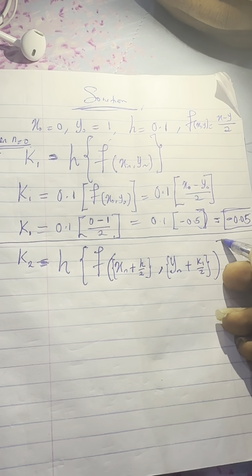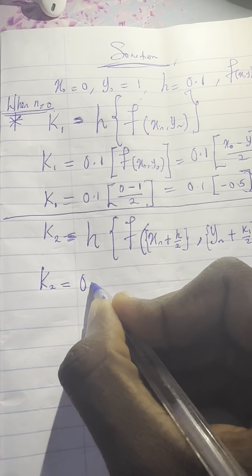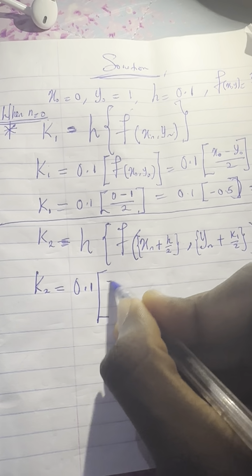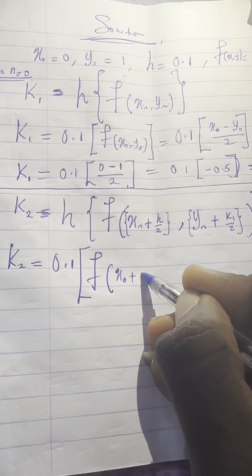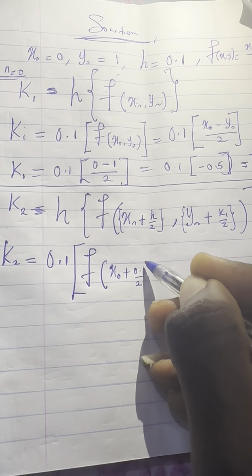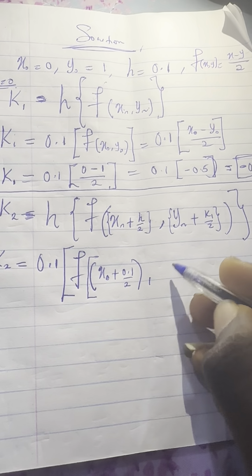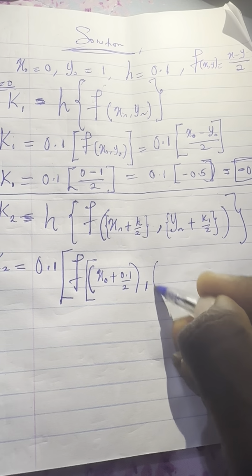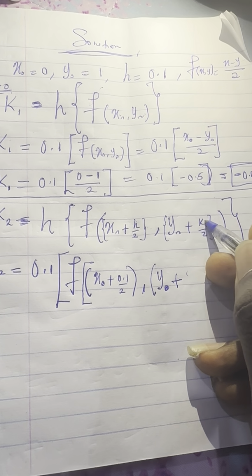So if I want to substitute now, what would that be? My K2 now will be, because my step length is already 0.1, f of, remember I'm still under when n is 0 for this, so I should have x naught here. x naught plus, what's my step length? 0.1 over 2, comma, y naught plus, what's my K1?